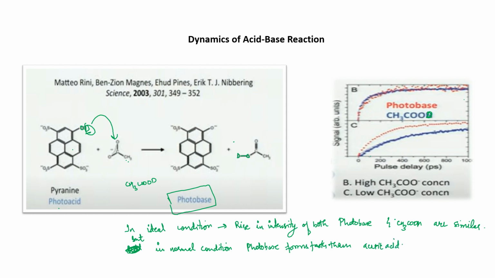Or say with the function of time, say this is 100 picoseconds, the signal intensity of acetic acid is only this much, and the intensity of photobase is quite higher.